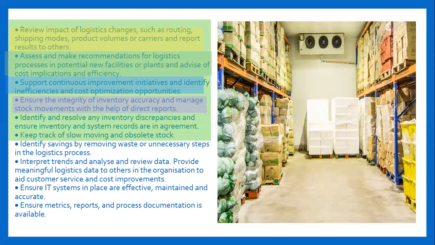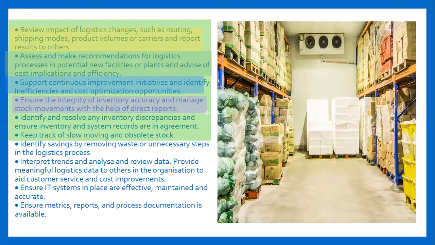Now identify and resolve inventory discrepancies and ensure the system records are in agreement. Sometimes it happens that you receive some materials and do not update them in the system.